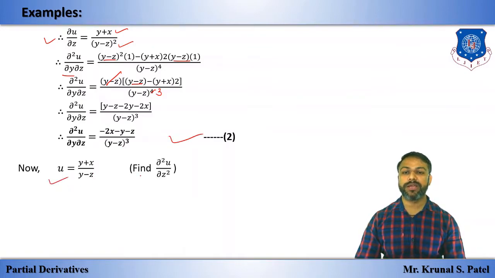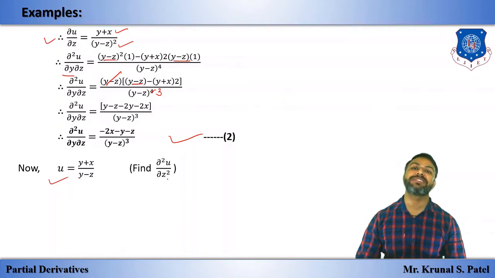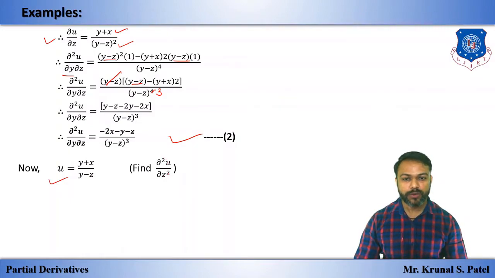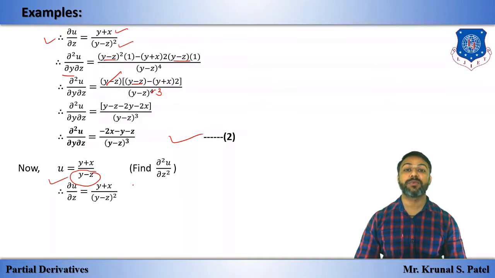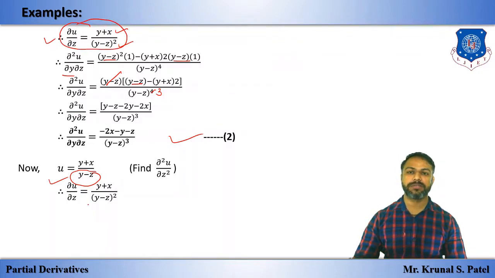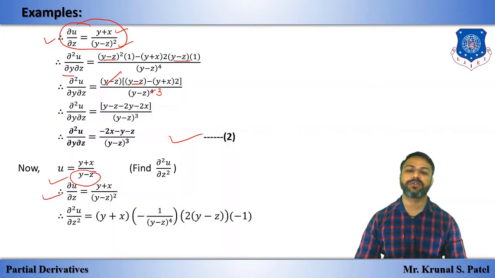Now write down u, and we want to find the third one, del square u by del z square, that means two times with respect to z partially. Same rule, because z appears only in the denominator, so the one upon something rule, and we know the derivative of u with respect to z already, we just found it previously, so we write it down and again differentiate with respect to z.